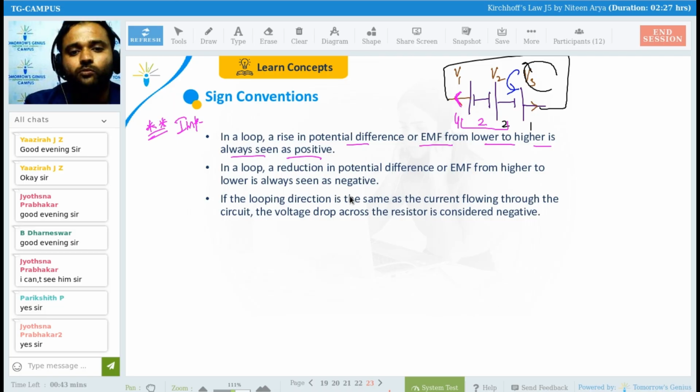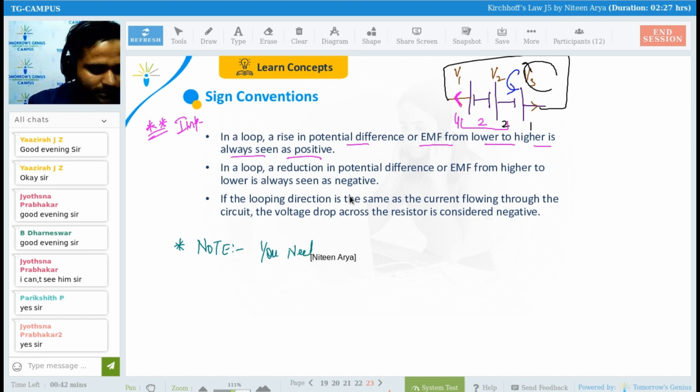Okay, this is more clearly written in your books, but the main statement here is note: you need to choose a path and stick to it in life also.